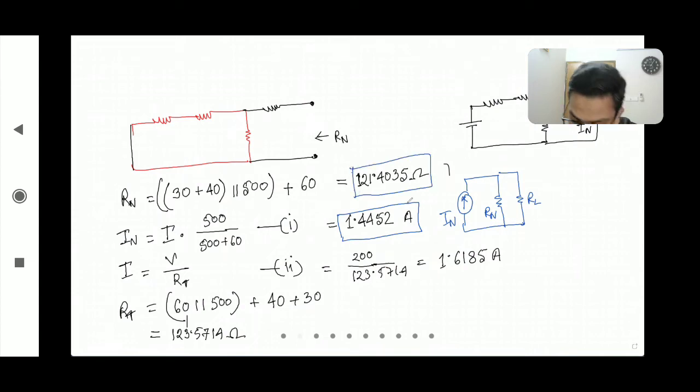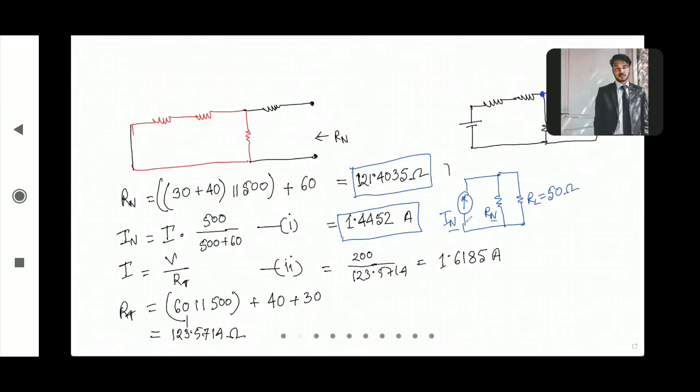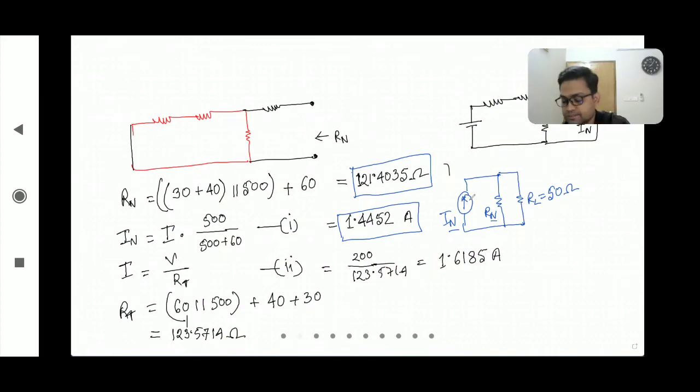If we put these two values here, we can easily find the current through RL. The value of RL is 50, right? Yes, sir. By using the current divider rule, you can find the current through this. Let's say this is I1 and this is I2. You can find the current through I2 because that is the question.